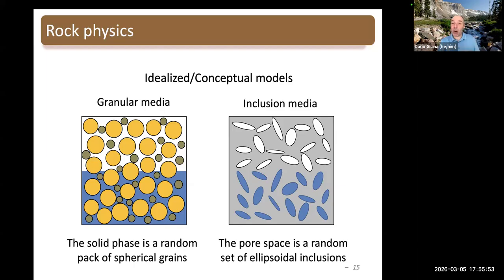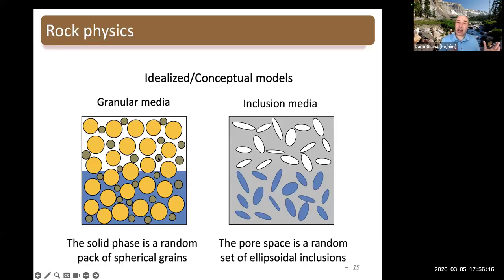So the idea is that we model these fractures or these cracks, if you want to call them, like ellipsoids. Like here, they are randomly oriented. There might be a preferential orientation in some cases, but we have these ellipsoids in 3D that are connected with each other, and then the fluid flows through these cracks.